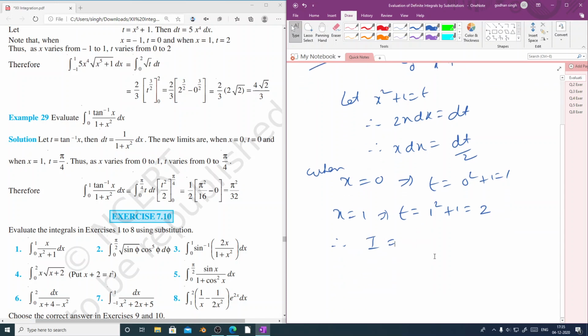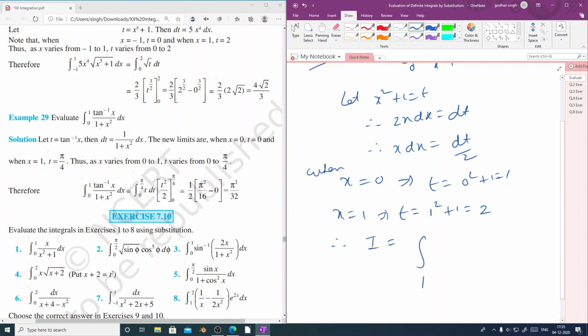So therefore I equal to, now we'll integrate the correct way. Our integration initial was from 0 to 1, but now since we have done the substitution and we have taken x square plus 1 as t, that means our new variable is t, we are integrating this function in terms of t. So we'll write here lower limit is 1.